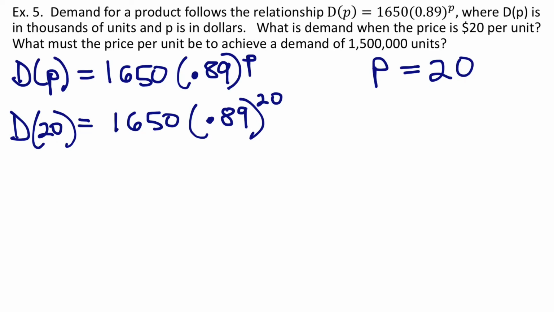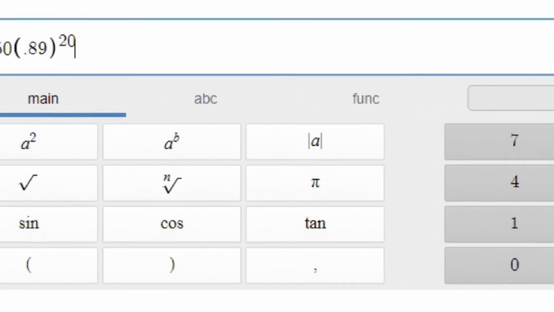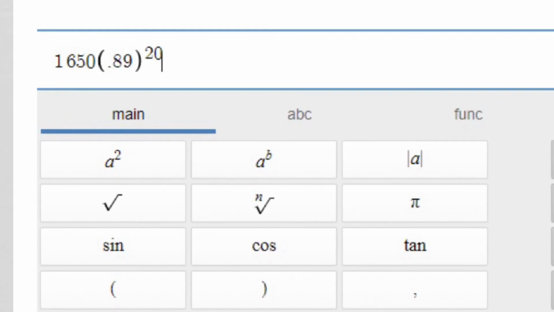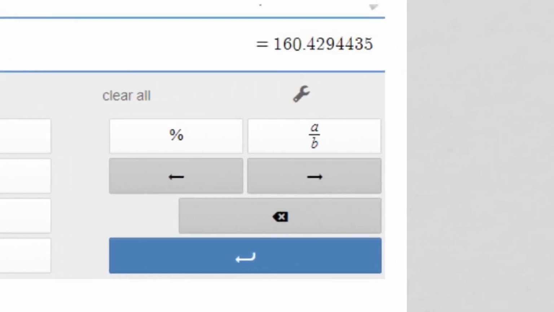So now let's look at how you would input this into the calculator. So this is Desmos Scientific. So you would use your A to the B button, this one here, so that you can put in your A, raise it to the B, and then you get 160 point, all those decimal places.